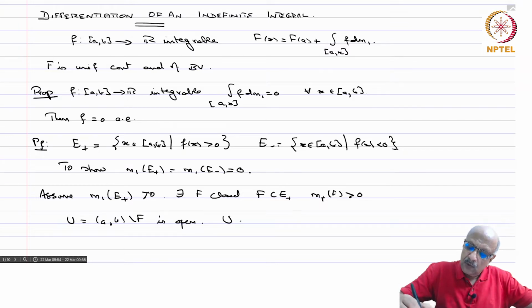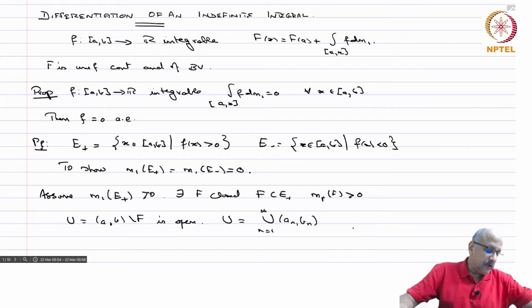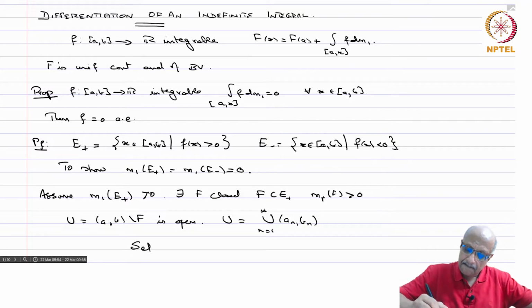So then U can be written as the union of n equals 1 to infinity of (a_n, b_n), a countable union of open intervals. So let us set f_n equals f times chi of the union k equals 1 to n of (a_k, b_k).